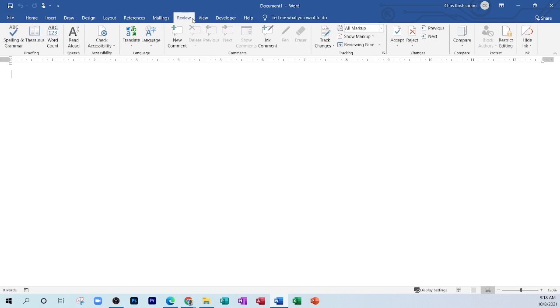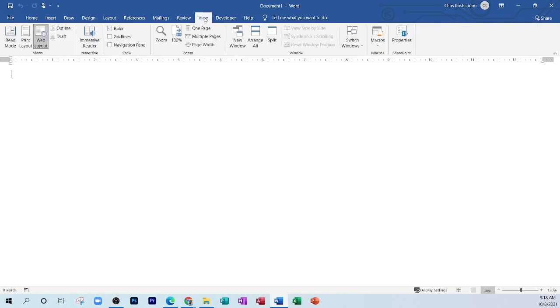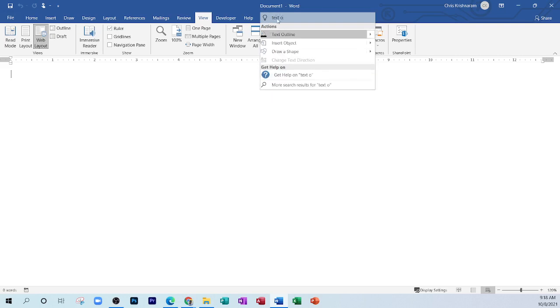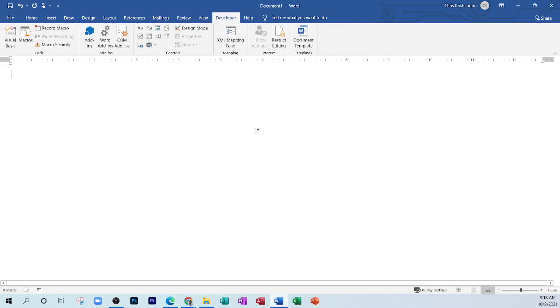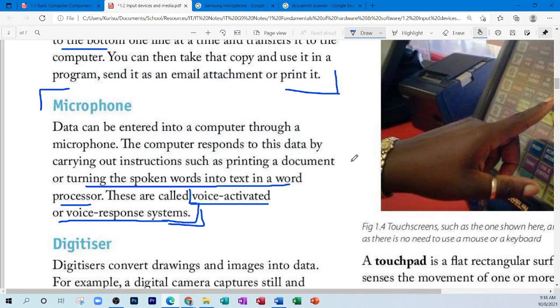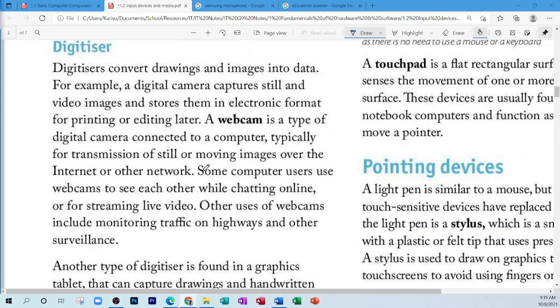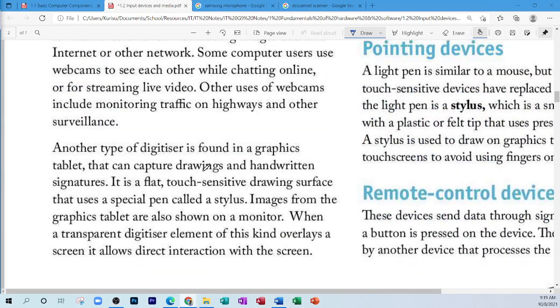I wonder if Word has text to speech. Okay, I guess that could be a research for another day. If Word has speech to text, so that when you say something, it can be converted to text inside of the Word document. Okay. So next we're going to look at the Digitizer.